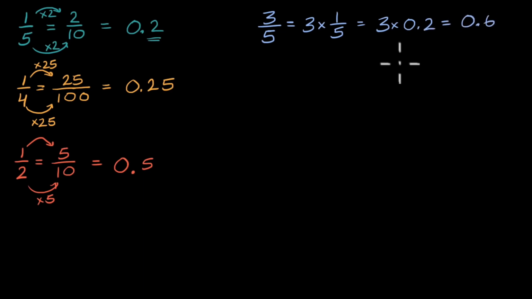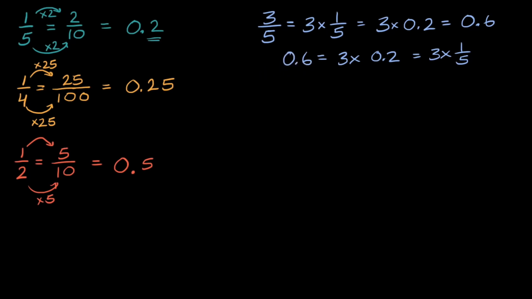So really quick, you were able to say, hey, 3/5 is 6/10. And you could have gone the other way around. You could have said 6/10 is equal to 3 times 2/10. And 2/10, you know, is 1/5. So this is going to be equal to 3 times 1/5. And once again, these are just things that you'll get comfortable with the more practice you get.